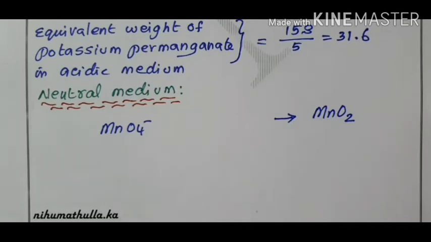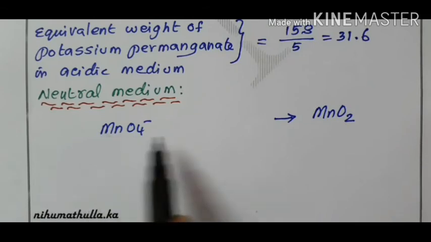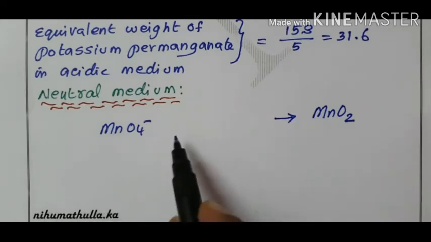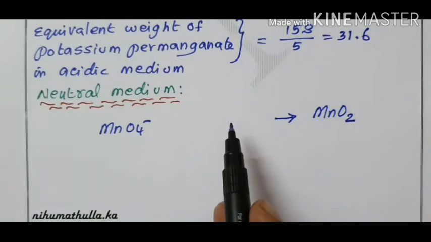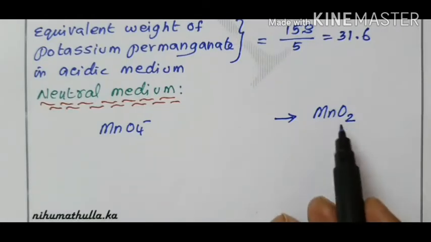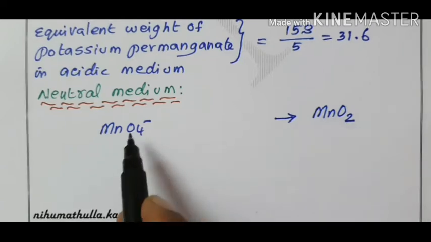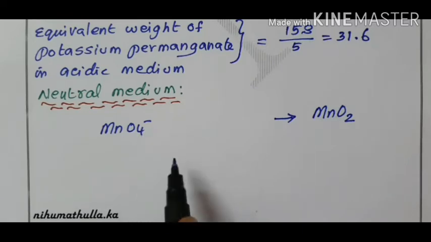How to balance? As usual, first we have to balance the metal. One manganese, one manganese. Then balancing of oxygen and hydrogen is entirely different in neutral and basic medium when compared with acidic medium. Here you have 2 oxygens on the right hand side and 4 oxygens on the left hand side. So on the left hand side 2 oxygens are in excess.